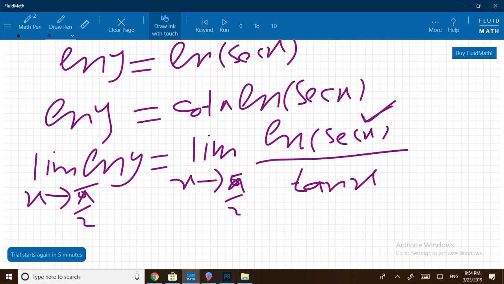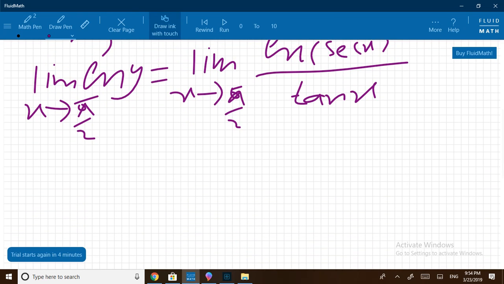And in this question, tan pi by 2 is infinity as well. Which form is this? This is infinity divided by infinity form.